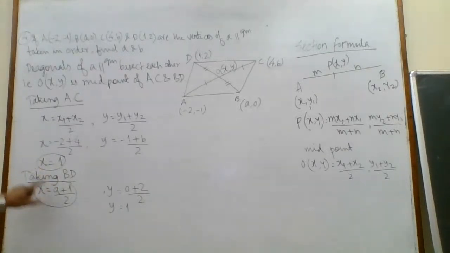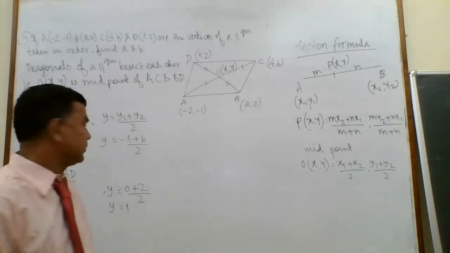This is the value of x, this is also the value of x. Means these two should be equal. So from these two we can say that a plus 1 by 2 should be equal to 1, that is 1 by 1. If cross multiplied, a plus 1 is 2. So a will be 2 minus 1, that is 1.